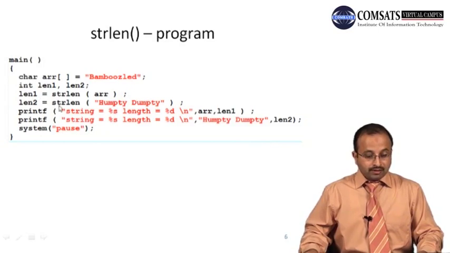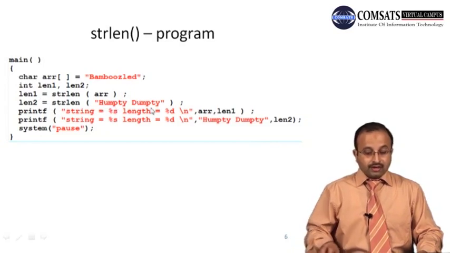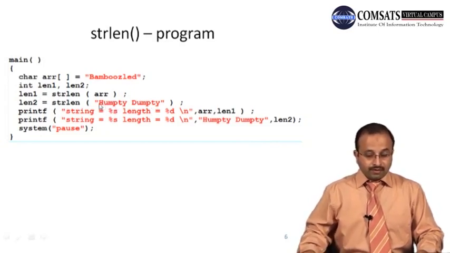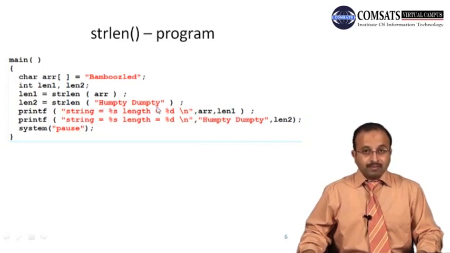In len2, we are calling the string length function and passing it a string constant, Humpty Dumpty. So that is a string constant, right? In that case, it allocates the memory for this string and passes the base address of that string to the string length function, and then string length starts counting the number of characters, and the number of characters are 1 2 3 4 5 6 7.